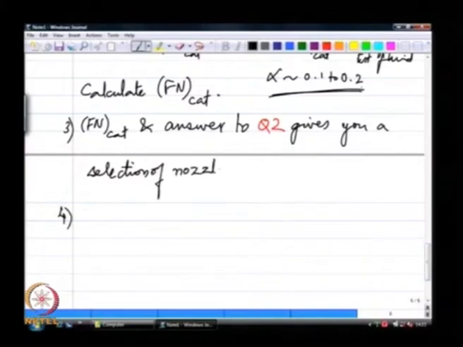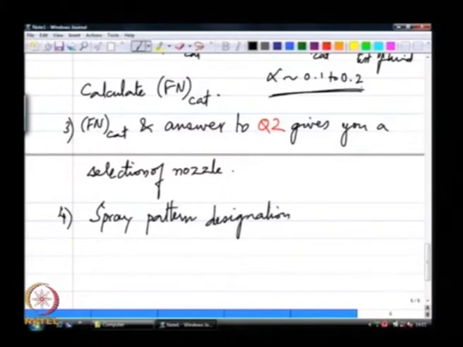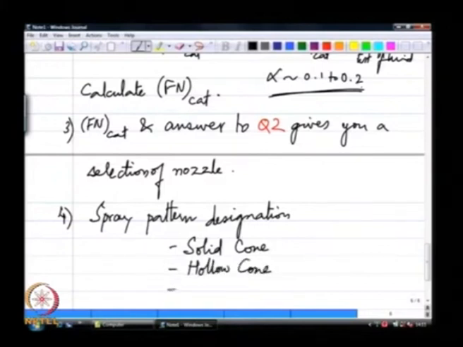Now, at this stage, most of these spray nozzle manufacturers have what is called a spray pattern designation, in terms of what are called solid cone spray nozzles or hollow cone spray nozzles or mixed spray nozzles, sort of like a small, medium, large. Okay.